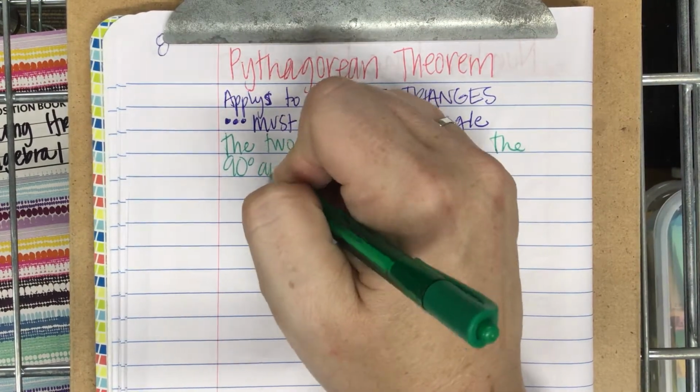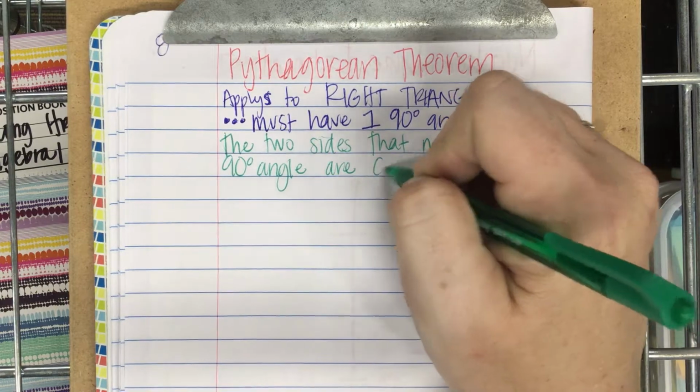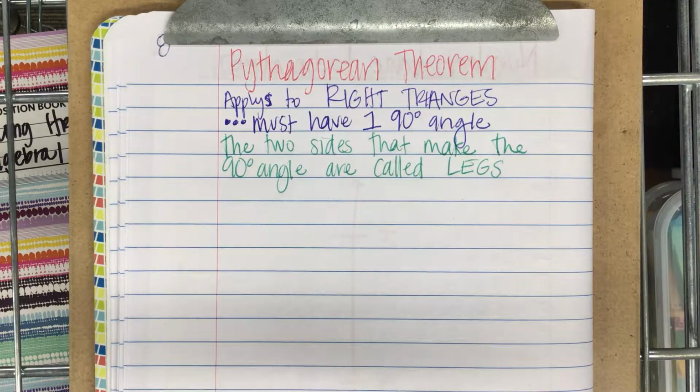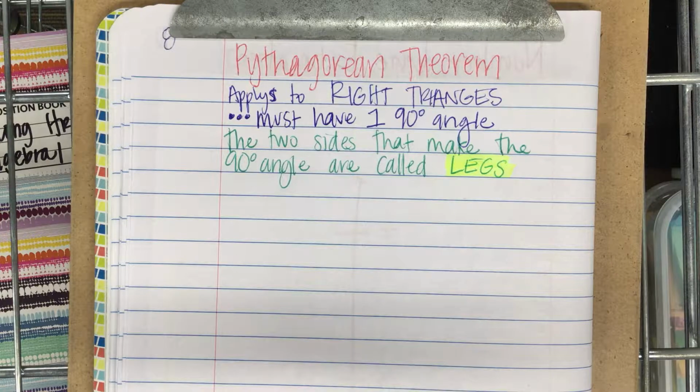The 2 sides that make or form the 90-degree angle are called legs. They're called the legs.